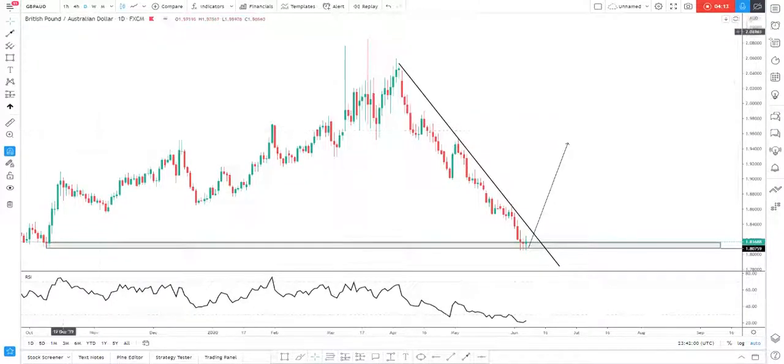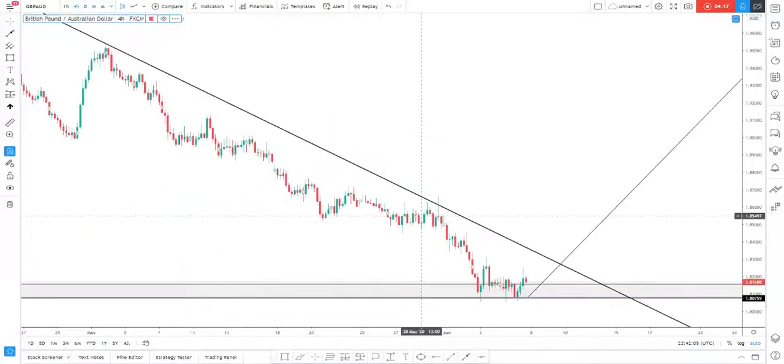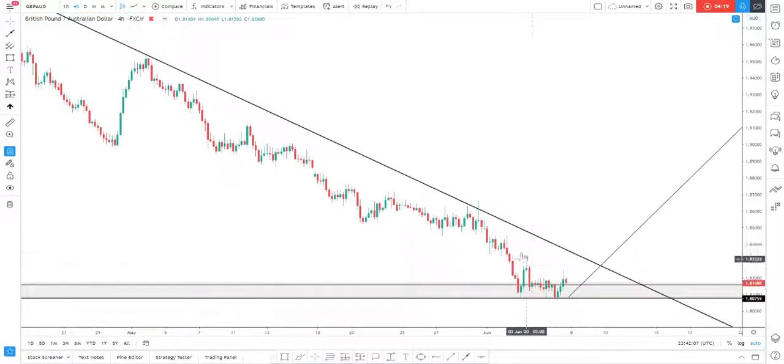I would love to go down to the 4 hour time frame and look at what price might be doing there also. We can see the price just moved into the zone and is moving higher, but we need to see a strong break of structure, this structure here on the 4 hour time frame, before we can possibly say price wants to move higher.